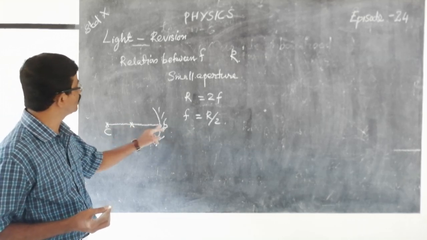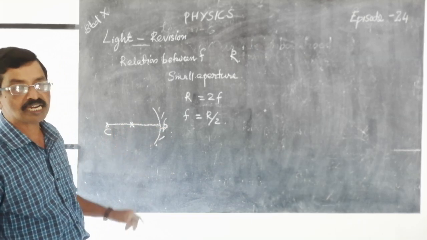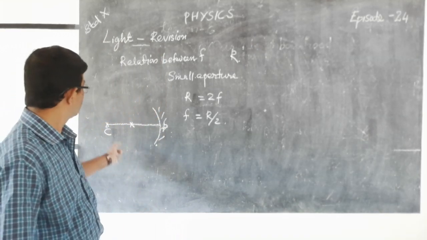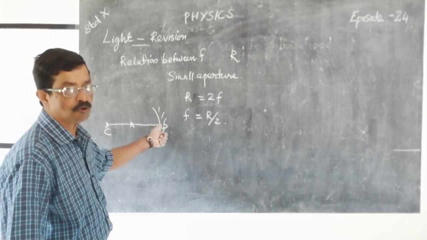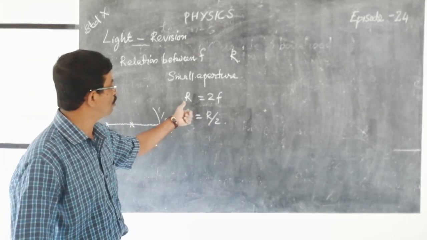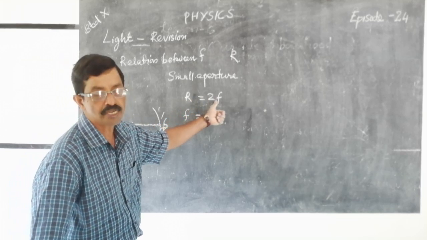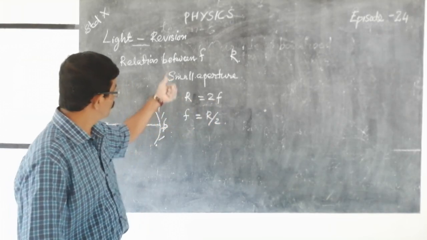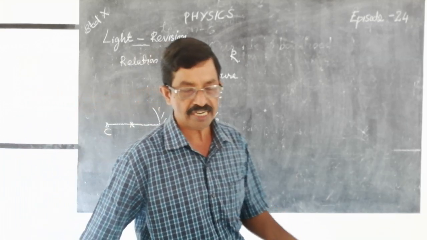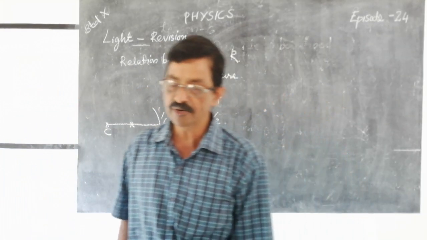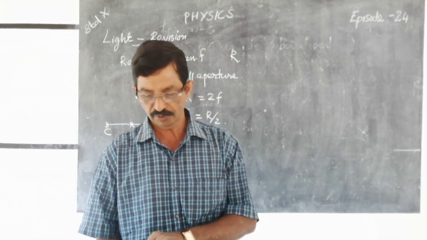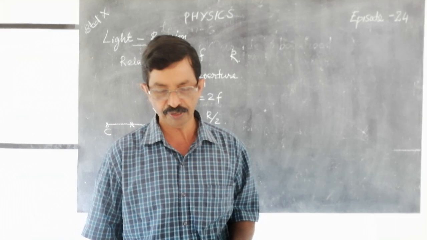So the principal focus lies midway between the center of curvature and the pole. Hence F is equal to R by 2, or R is equal to 2F. Can you remember this? We discussed that in our previous class. Now you want to remember it once again from the exam point of view.